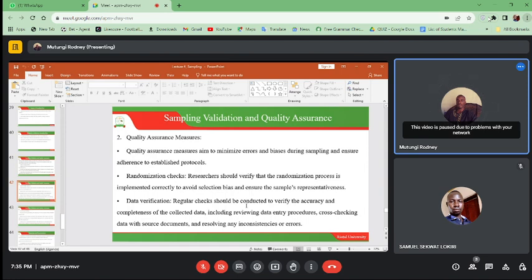And the emphasis is to ensure that adherence. Many a times when we go to the field or we send people to the field, they do not adhere to the established protocols. If I have told you to always skip 10 households before you go to the next, because you're tired, you want to skip 2 and you go to the next.